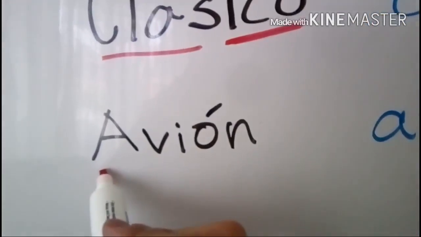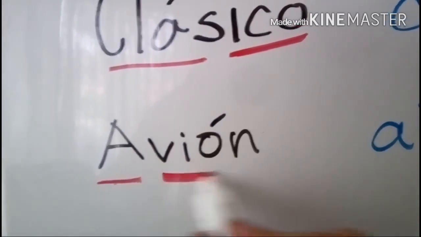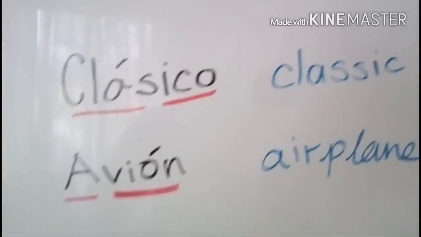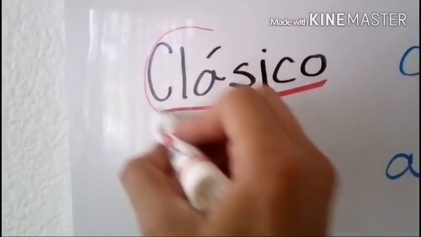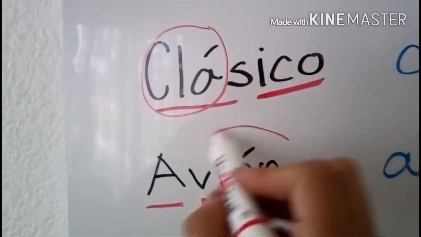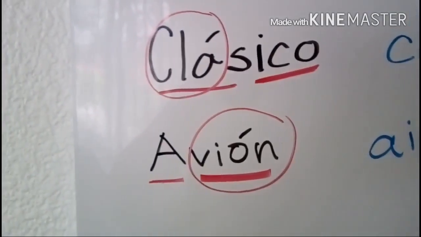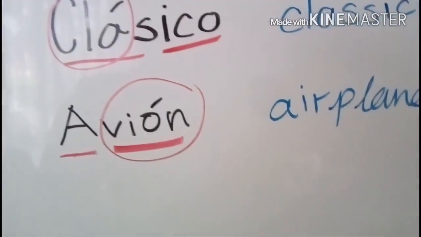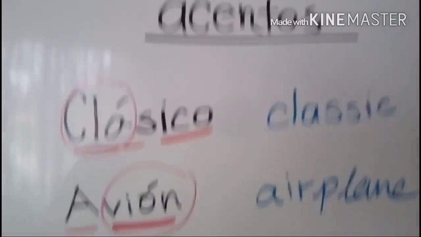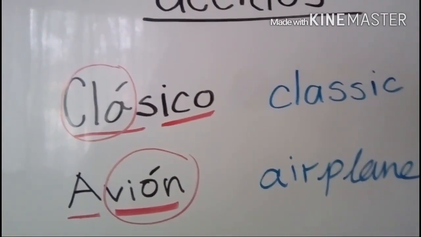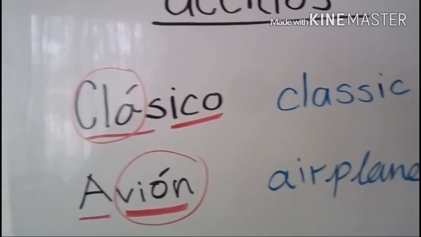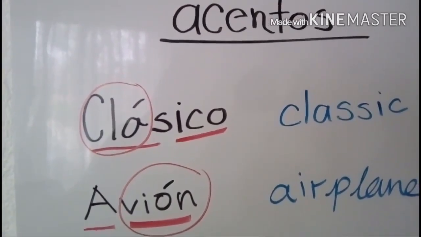And in avión we have two syllables. But notice that the stressed syllable is in clá in clásico and in ón in avión. So we want to know why these words have those accents and why caballo and persona do not have accents.